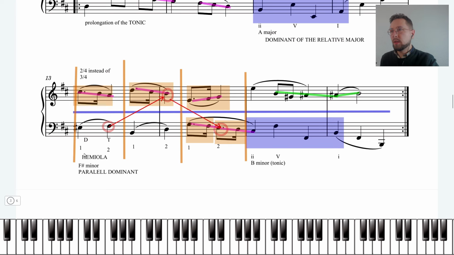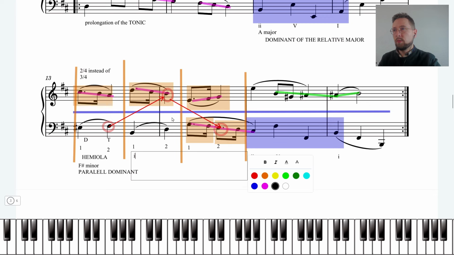So that would be the circle of fifths that kind of connects this progression. We first have the parallel dominant, dominant tonic, then we have the fourth degree, and that fourth degree of F sharp minor is already the tonic of B minor.